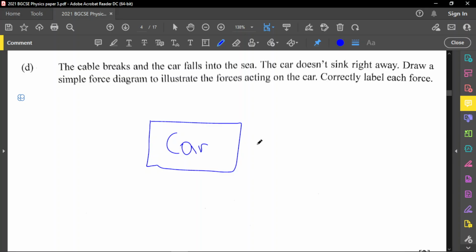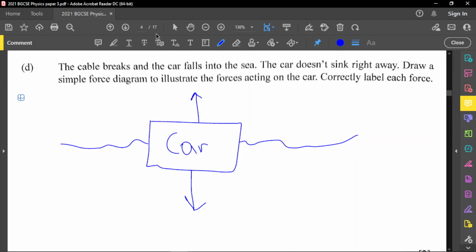And the car will be in the water, so just put some scribble lines to represent the water. And then you're going to have a force pushing upwards, and these must be straight lines, nice and straight. Another one is pushing downwards in the opposite direction. Generally, these will be in the central part of the object.